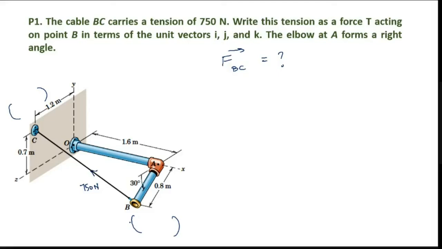If I go for C, you know that C is on a particular plane. Your x is 0, your y is 0.7, and your z is positive 1.2. This is the coordinate for C.